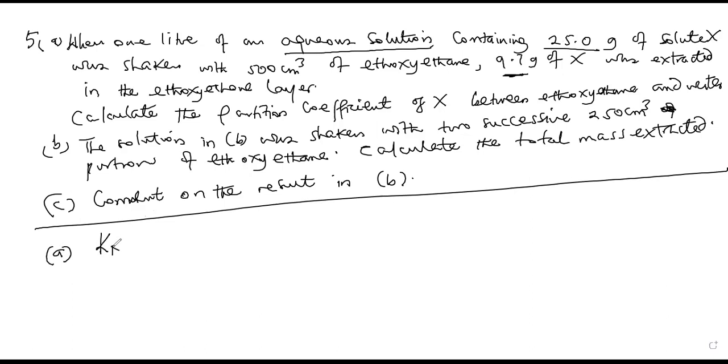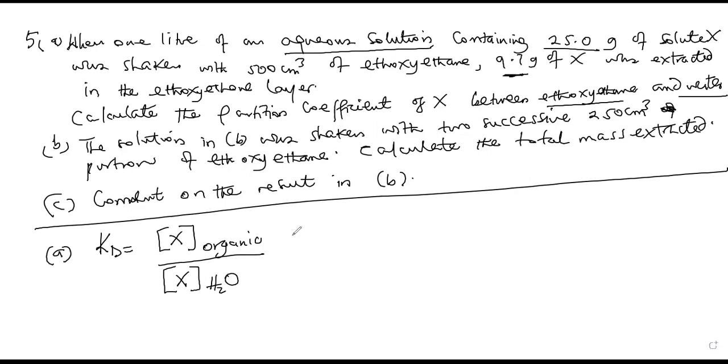We know that KD is equal to the concentration of X, since they want you to calculate the partition coefficient of X between ethoxyethane and water. Ethoxyethane comes first, so we shall say ethoxyethane, or one can say organic layer, over the concentration of X in the aqueous layer, which is water.